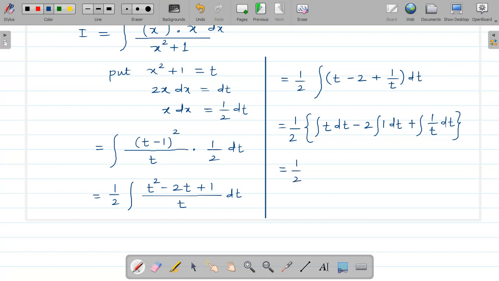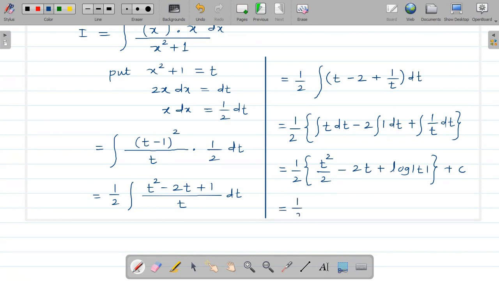So now 1 by 2 as it is into curly bracket, integration of t is t square upon 2, minus 2 as it is into integration of 1 is t. Next integration of 1 upon t, that is log of modulus of t, plus constant. So integration is completed.